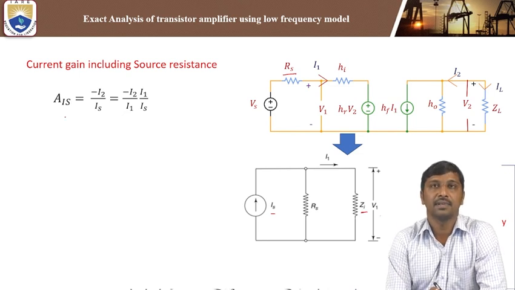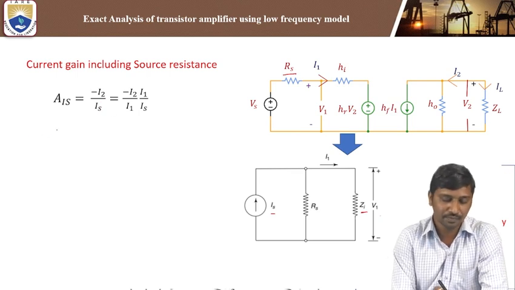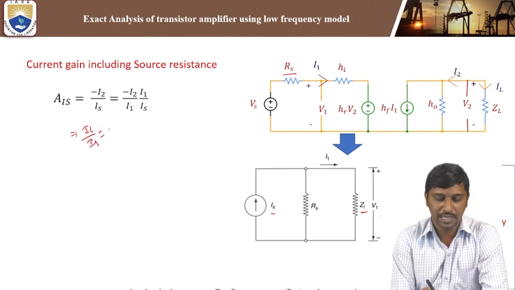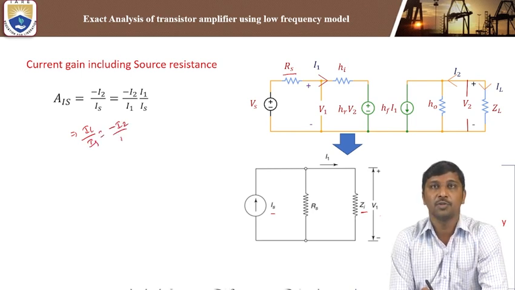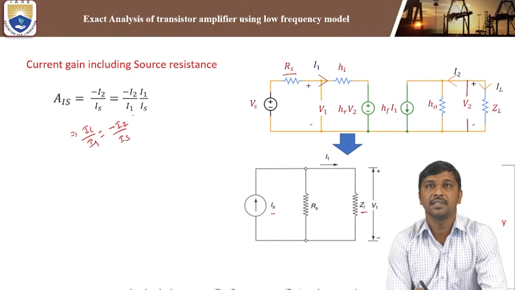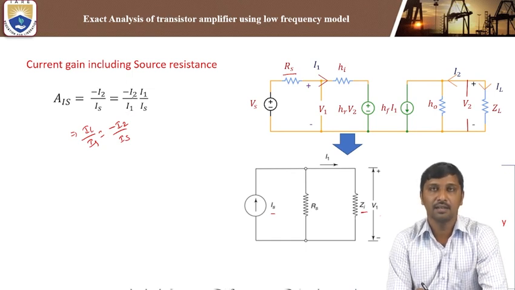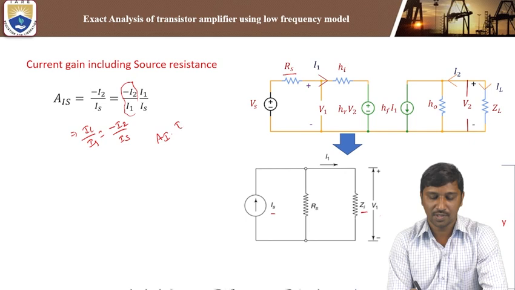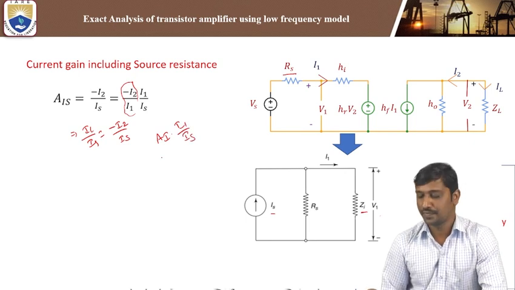From that, the current gain is again defined as the ratio of output current to the input current, which we can write as IL by Is. We know that IL is minus I2, so minus I2 by Is is represented in terms of current gain as minus I2 by I1 times I1 by Is. This minus I2 by I1 is also represented as AI times I1 by Is.